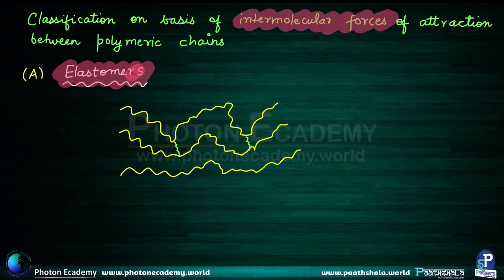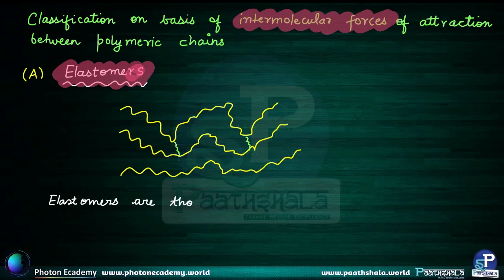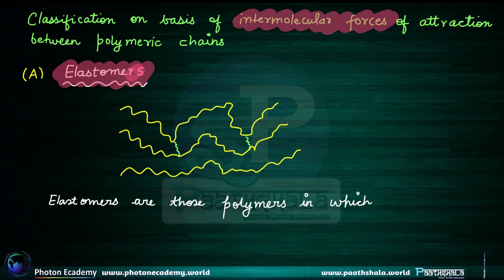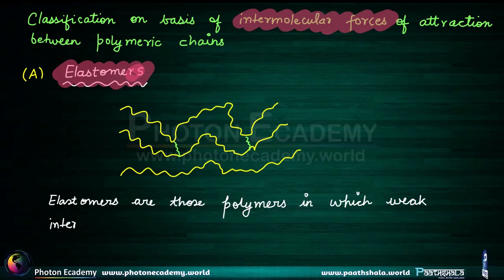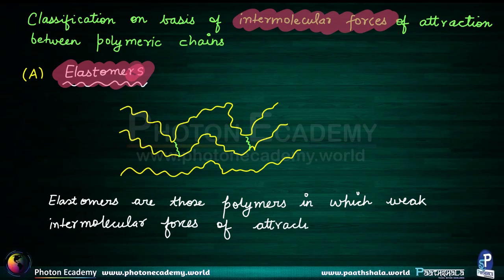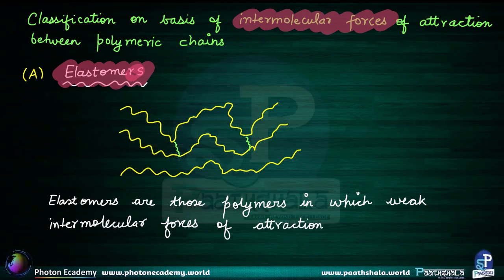So a little something about elastomers, that we can say that elastomers are those polymers in which weak intermolecular forces of attraction are present between the polymeric chains.